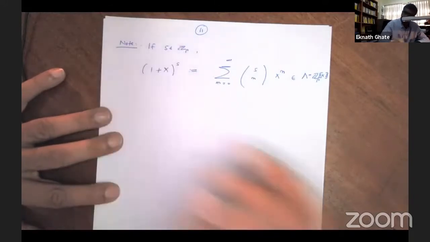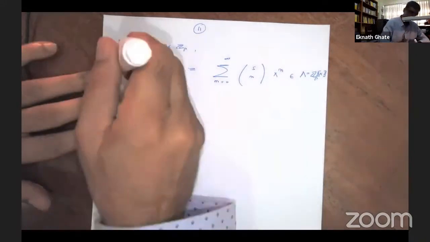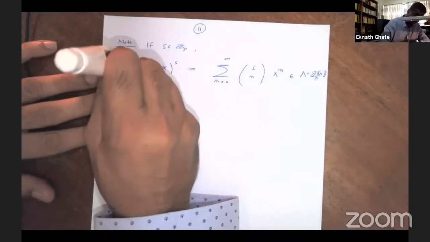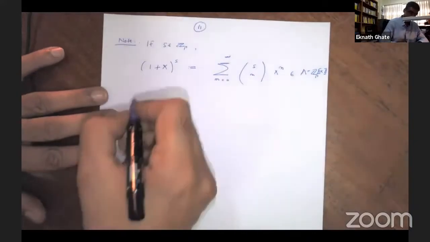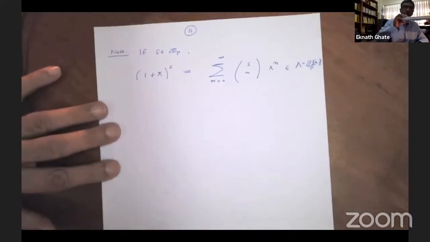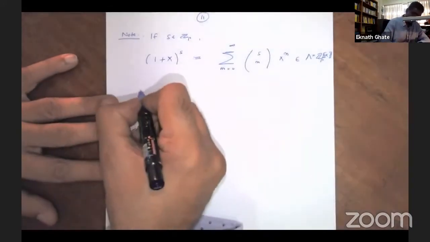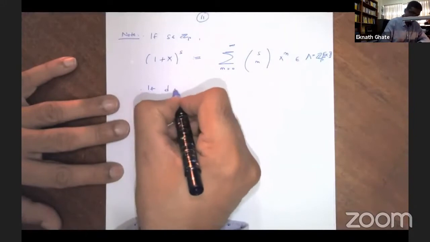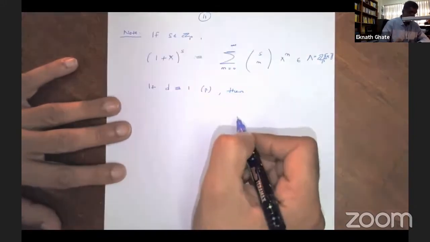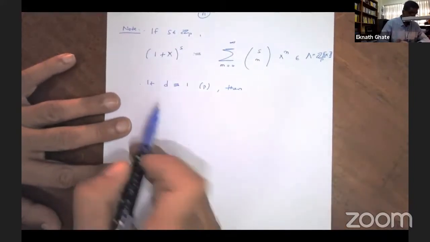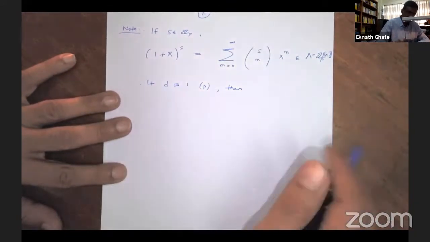So here's one note. The second thing is that if D is congruent to 1 modulo p, then it is possible to write every integer which is congruent to 1 mod p as a power of 1 plus p.